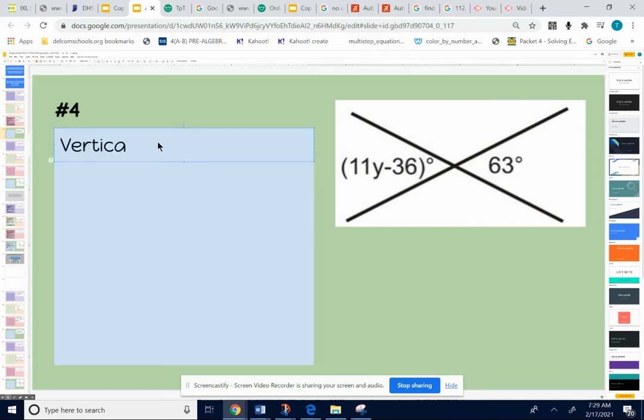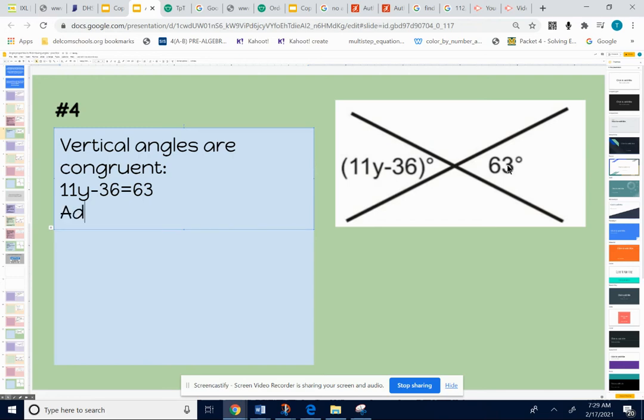So vertical angles are congruent, which means they're equal. I'm going to write an equation showing that 11y minus 36 is equal to 63.